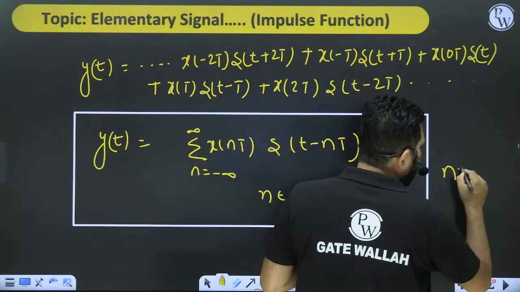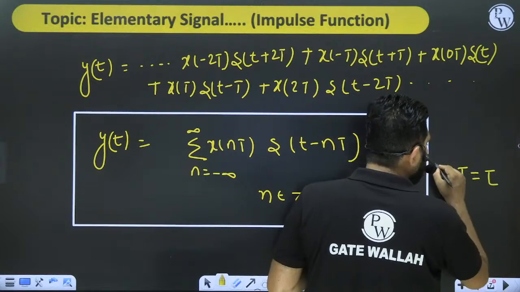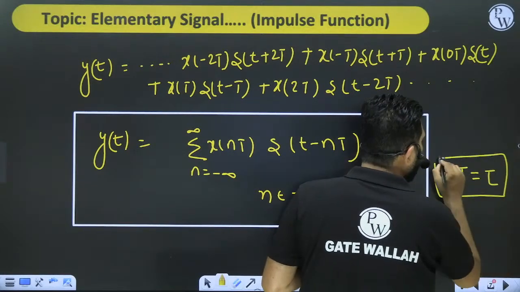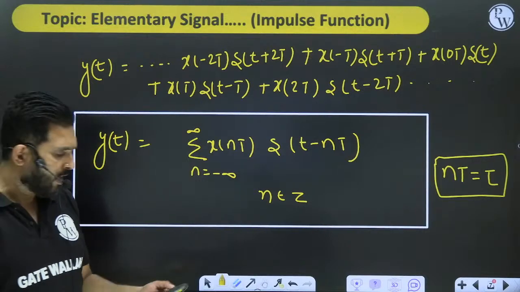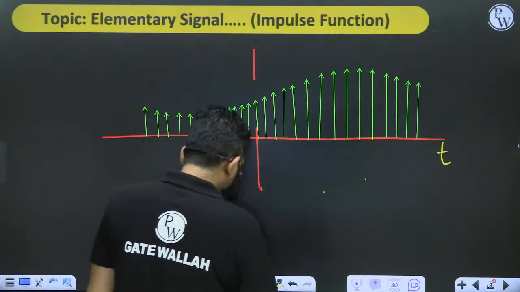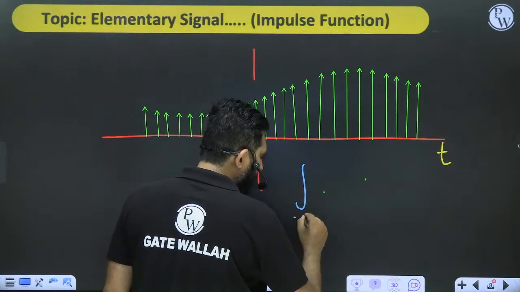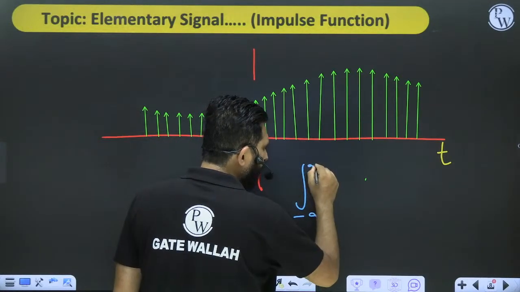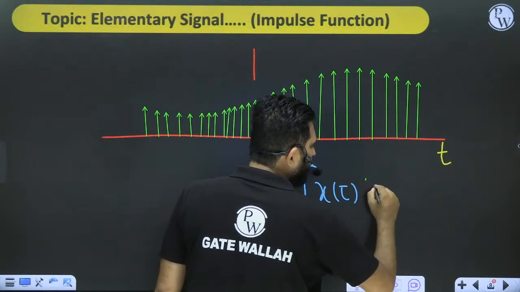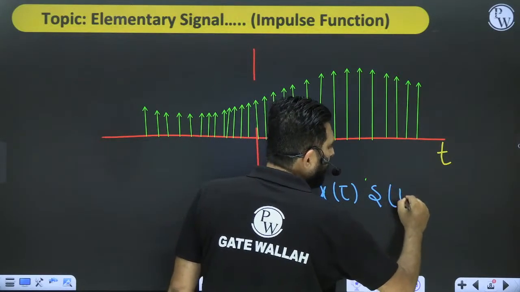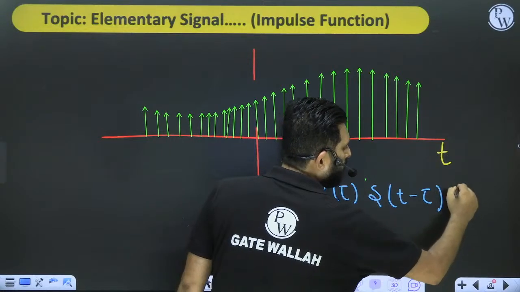I'm imagining this nt as one continuous variable tau. So how will you write this? Don't you think I can write this as the integration from minus infinity to infinity of x of tau delta t minus tau d tau?